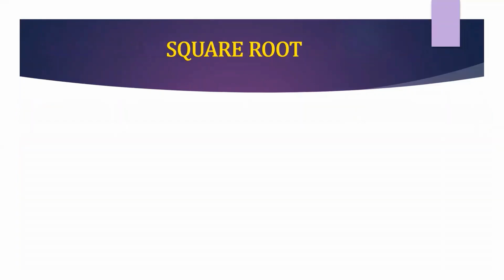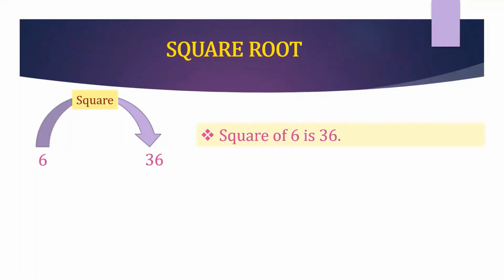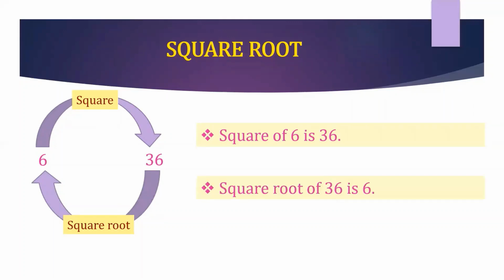First topic, square root. Students, we know that 6 squared is equal to 36. So, the square of 6 is 36. And now, please pay attention that the square root of 36 is 6. Understood? The number we multiply with itself is called the square root of the perfect square number.